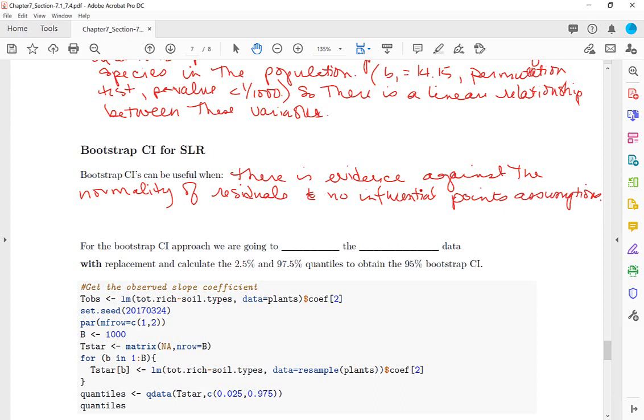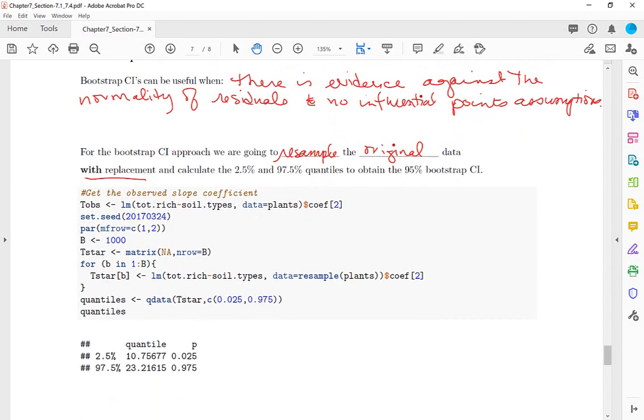For the bootstrap approach, we're going to resample the original data with replacement and calculate the 2.5 and 97.5% quantiles to obtain the 95% confidence interval. Here's the R code for that, and here is our 95% confidence interval for the true slope.